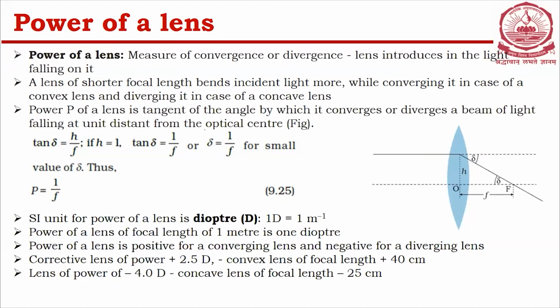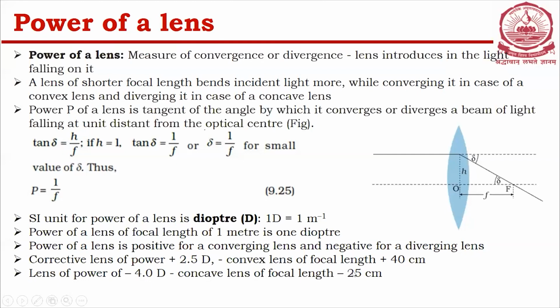If a doctor says you have a corrective lens power of plus 2.5 diopter, you have to use a convex lens of focal length plus 40 centimeter. And if your eye lens has a power of minus 4 diopter, then you have to use a concave lens of focal length minus 25 centimeter.